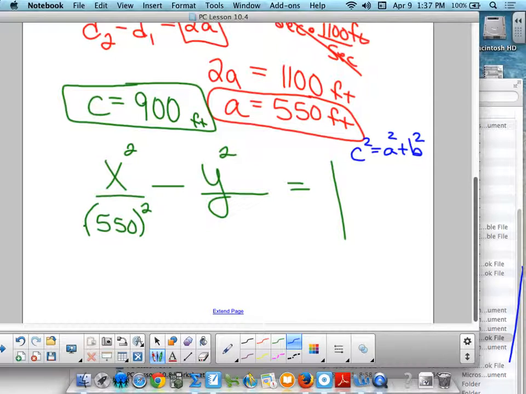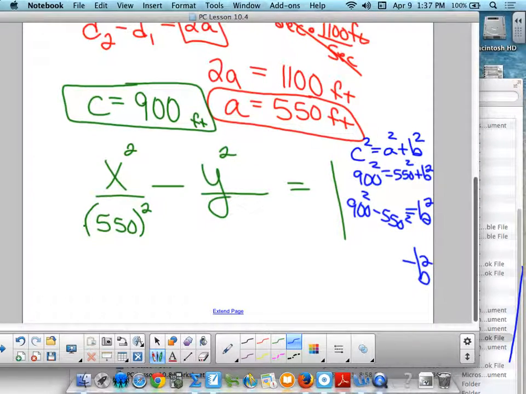C squared equals A squared plus B squared. So C squared is 900 squared equals 550 squared plus B squared. So B squared equals 900 squared, take away 550 squared.